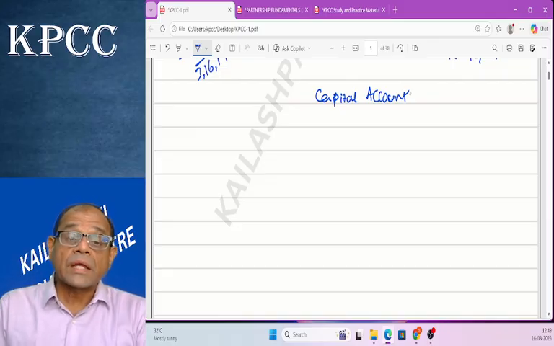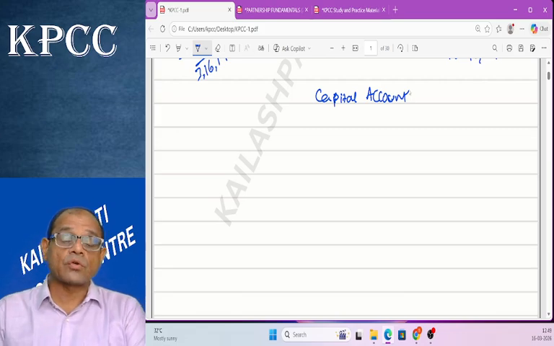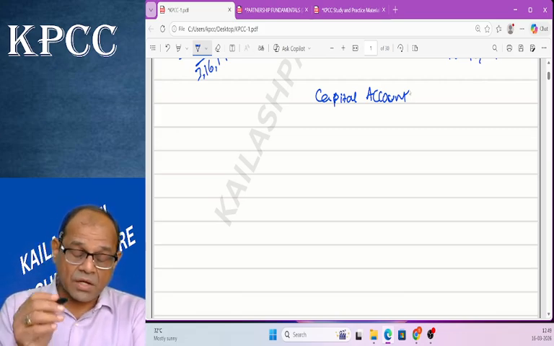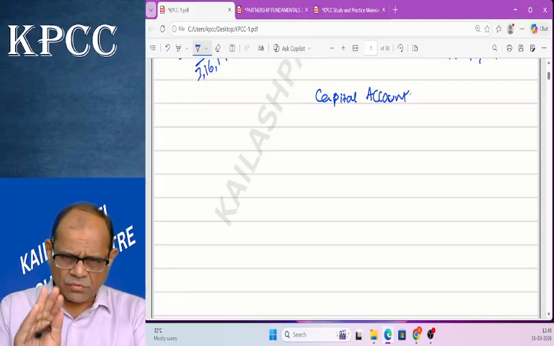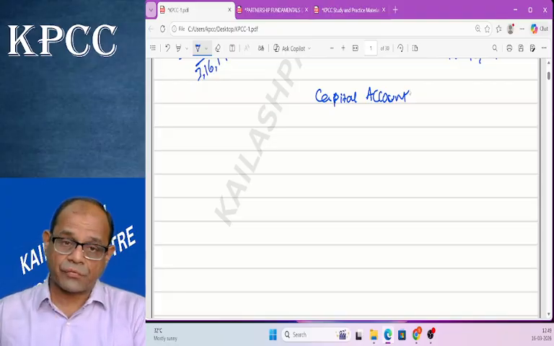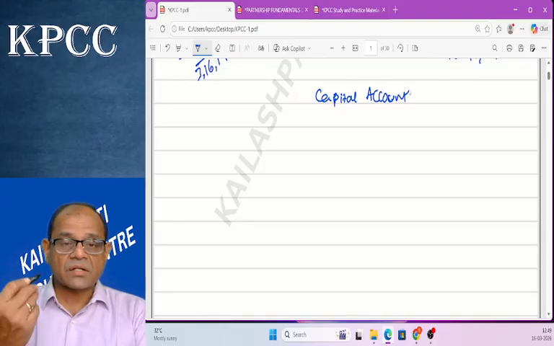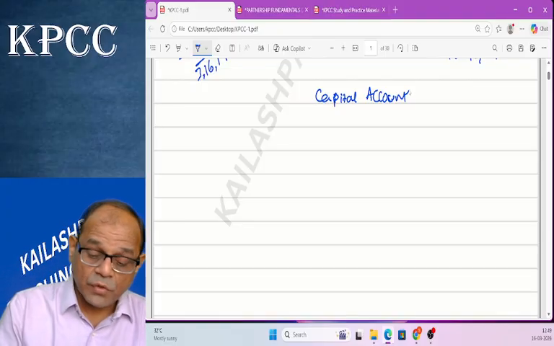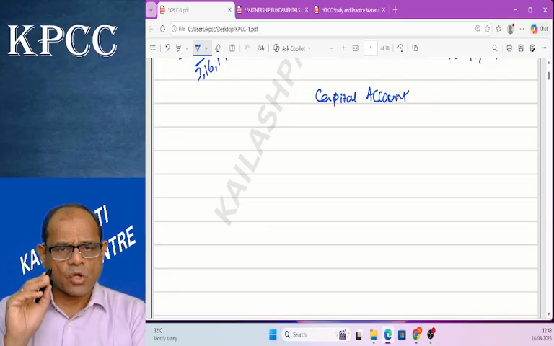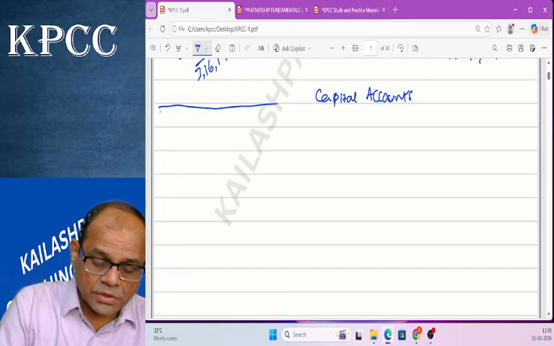Or if he gives you current account balances of the partners, then the capital accounts are fixed. Or if he tells that capital accounts are fixed, then you have to take them as fixed. So here he has not told anything, that means normal capital accounts.